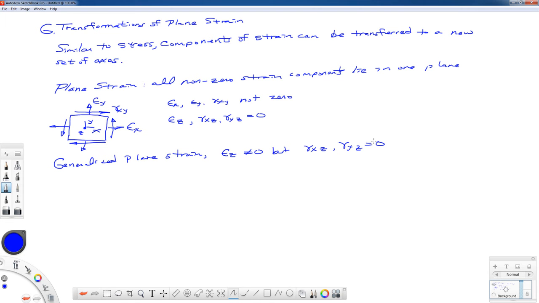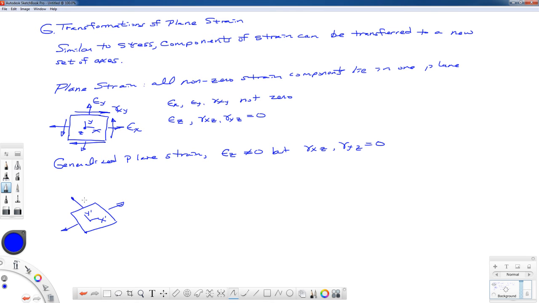So what we want to do in this particular lecture is we want to start off taking a look at a known set of strain components, epsilon x, epsilon y, gamma xy, and we want to be able to find the strain components off at any angle that we want. And just like we did for stress, I'm going to draw a block off at another angle to the xy axis. I'll call this the x prime and the y prime axis.